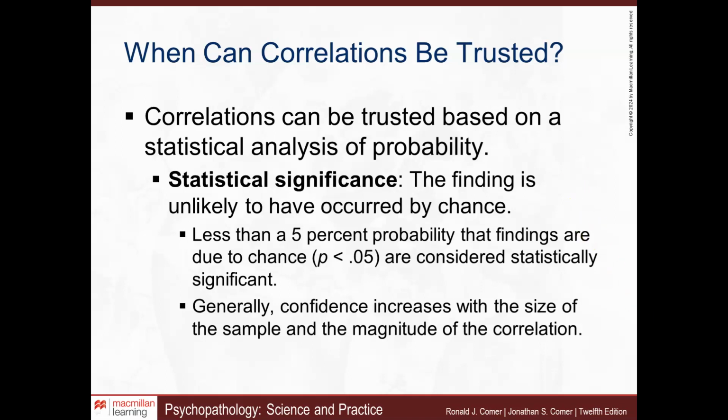So a less than 5% probability indicates that findings are due to chance. But findings that are more than 0.05, they are significant.